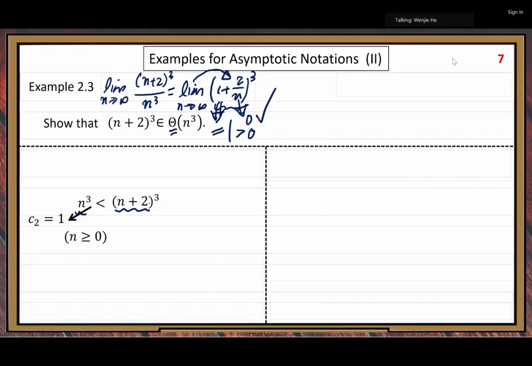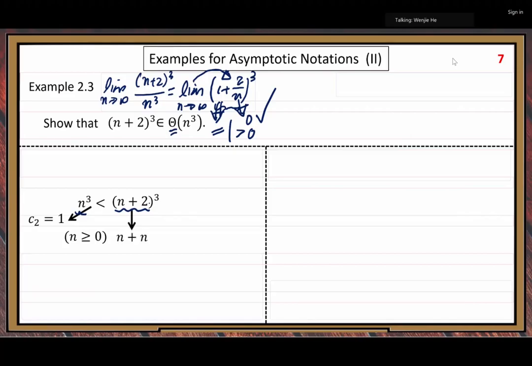Can we find some upper bound for this n plus 2 function? We did that before, right? If you recall our first example, 2.1. n plus 2, we can use some constant multiple of n to bound it.